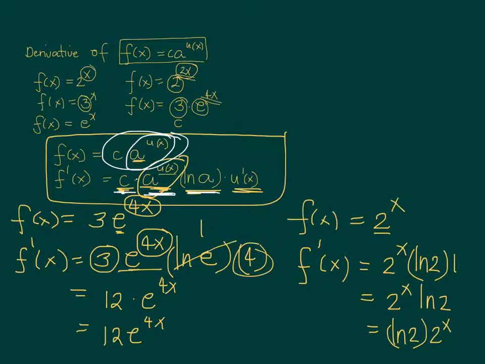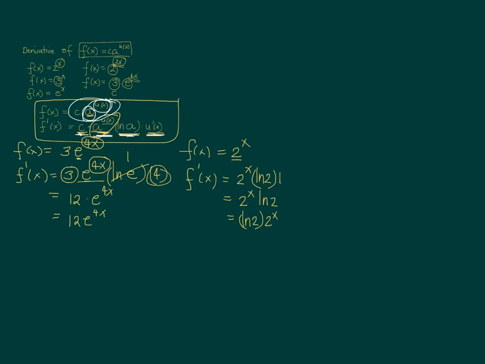And then we multiply that by the ln of the base a. Then finally, we multiply it by the derivative of the exponent u of x, which in symbols is u prime of x.